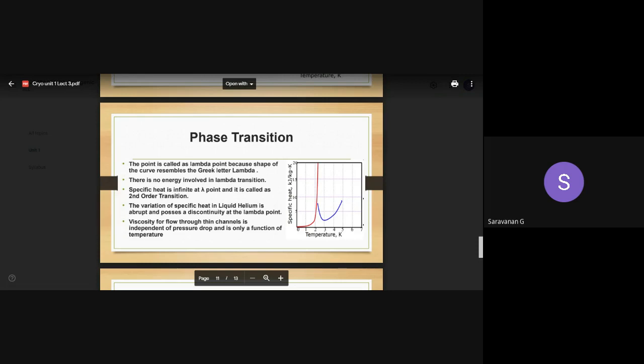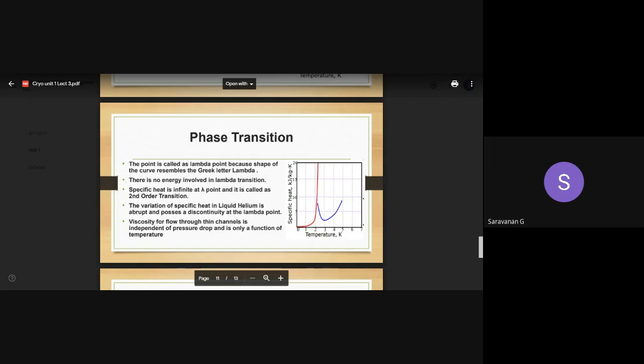Since there is no measurable viscosity for flow through thin tubes, they are called superfluid. The temperature is 2.177 Kelvin, and below that the line represents the Greek letter lambda, which is why it is called the lambda line. The specific heat is infinite and there is no energy involved.